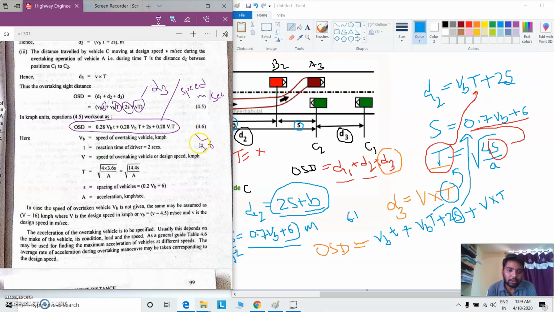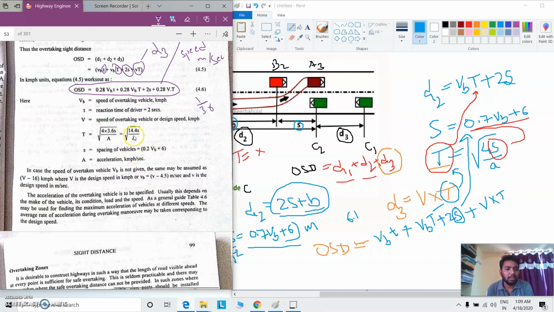Once you alter this equation by substituting v with 1 by 3.6, you will get this 0.28 vb into t, 0.28 vb into capital T plus 2s, and again 0.28 v into T here. And that is the same thing the content is observed.